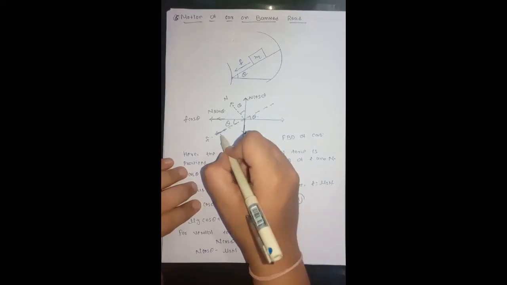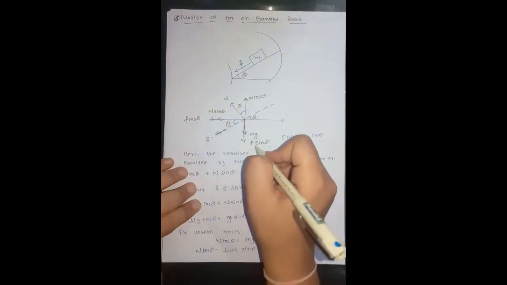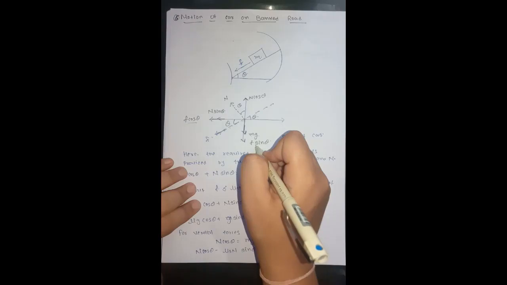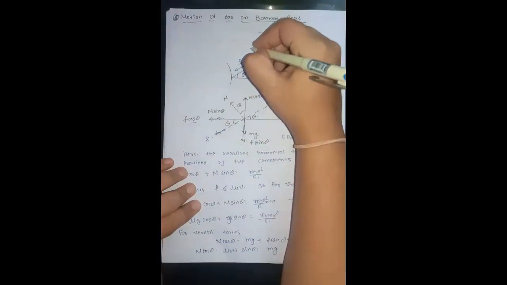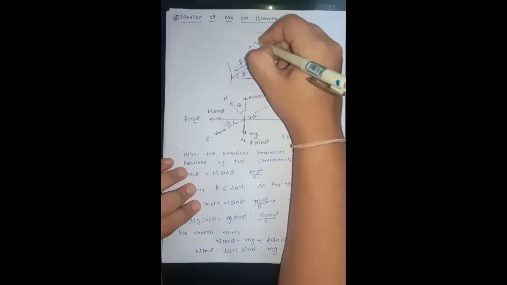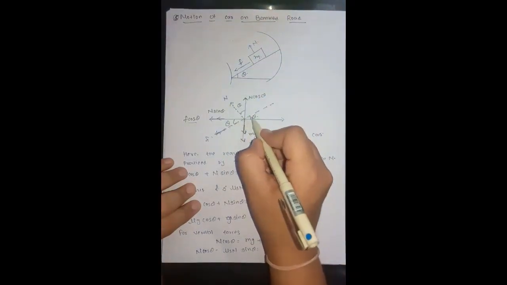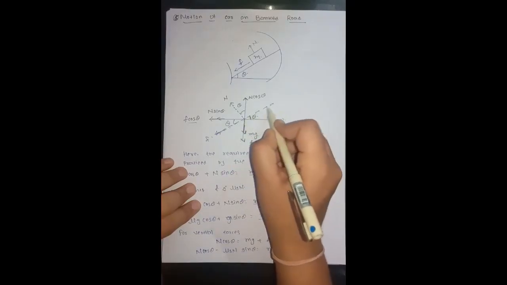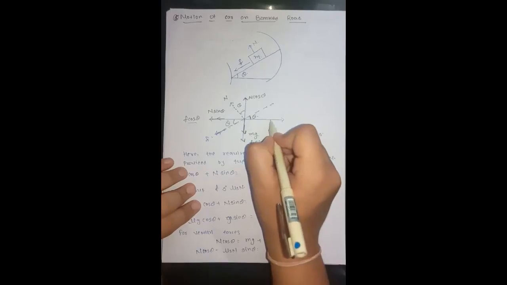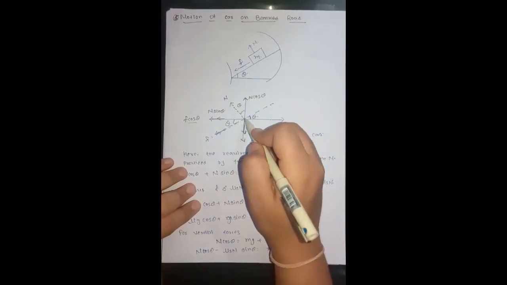Dividing this into horizontal and vertical component, this component will be F cos theta and this component will be F sin theta. The force applied by surface on the object is the normal reaction. If the angle of plane with horizontal is theta, then angle of normal with vertical will also be theta.